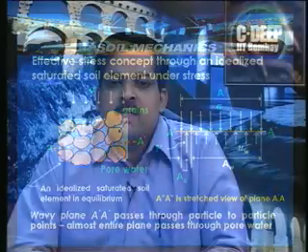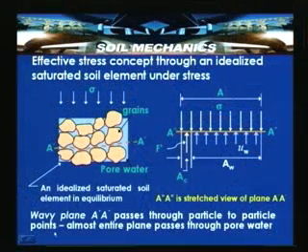Now, AC is the area occupied by the solids and AW is the area occupied by the water. That means the difference of total area minus area of contact is the area of water, which is the pore water area. The wavy plane A dash A dash passes through particle to particle contact points, but almost the entire plane passes through pore water, because especially for granular soils, if the contact areas are very less, it always tends to pass through pore water.